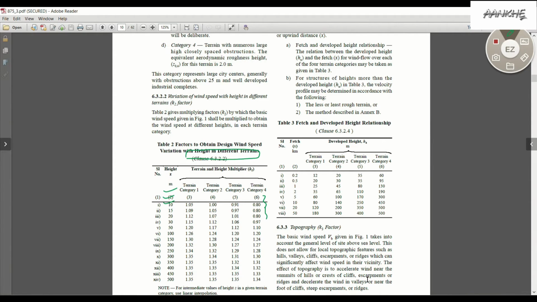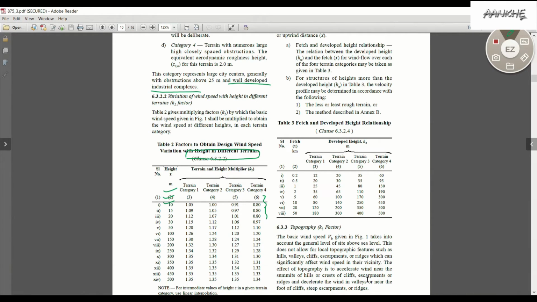Yes, terrain with numerous large, high, closely spaced obstructions. Okay, so generally, yes, it is a well developed industrial complex. Our structure is located inside the industry and the surroundings have structures not more than 10 meter height or 25 meter height, and structures more than 30-40 meter height are very common.